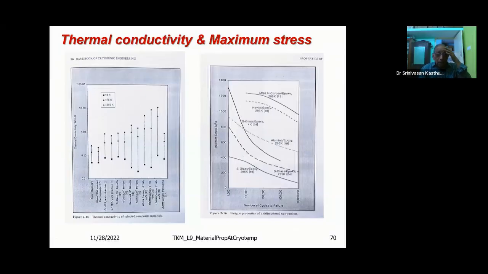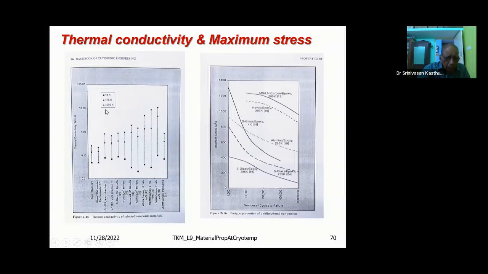So what is seen here is, for example, the thermal conductivity and the maximum stress are plotted here. And for different fibers, you have three locations shown here. One is 295 K, and then 75 K, and then 4 Kelvin.